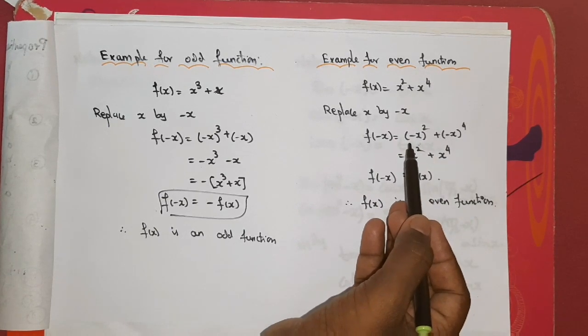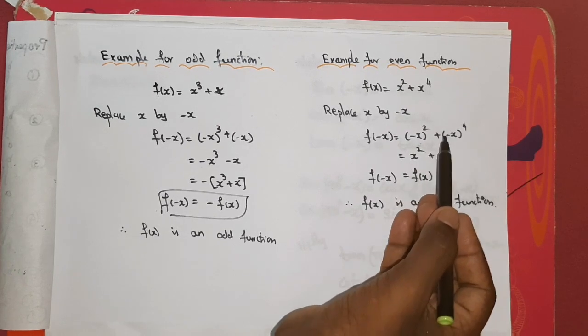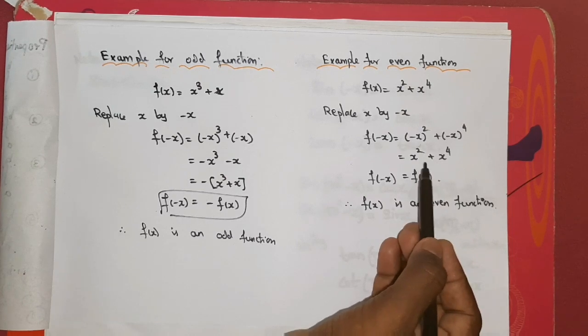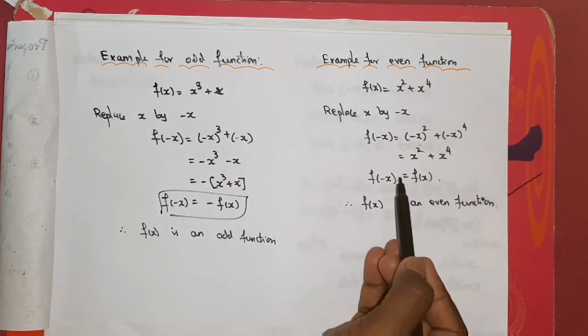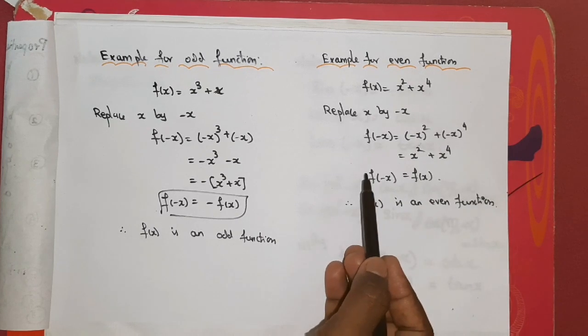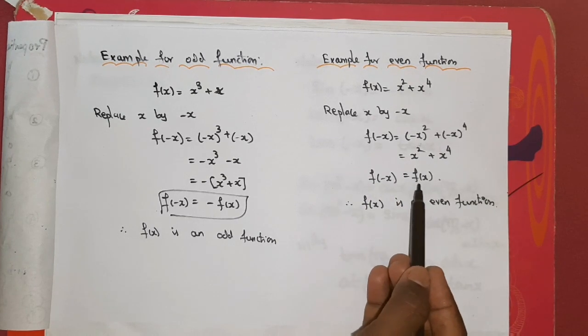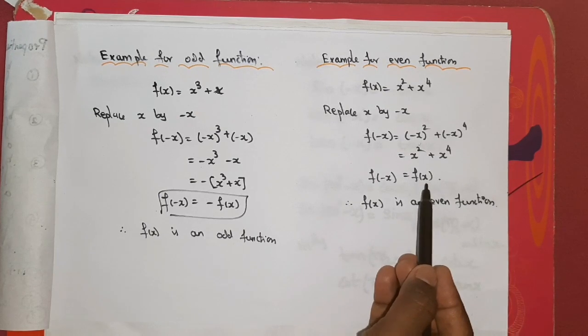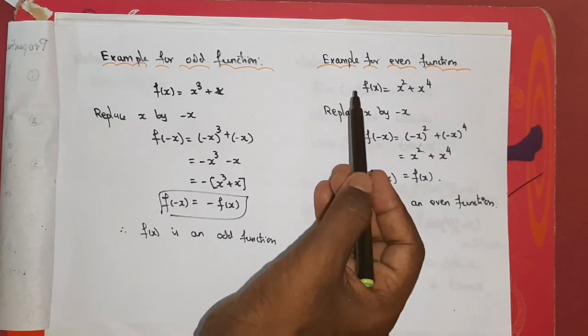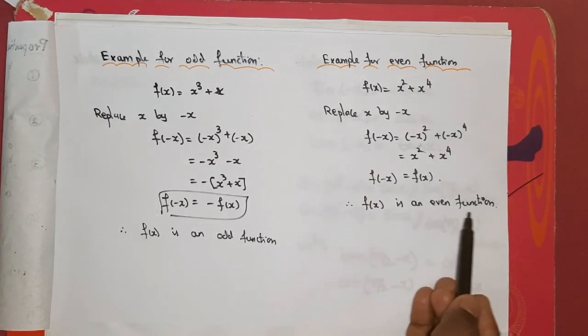When you square minus x, you get x square, and when you raise minus x to power 4, you get x power 4. So this looks like the original function, directly f of x, with no negative sign in front. So f of minus x is directly equal to f of x. This is the condition for an even function. Therefore the given function f of x is an even function.